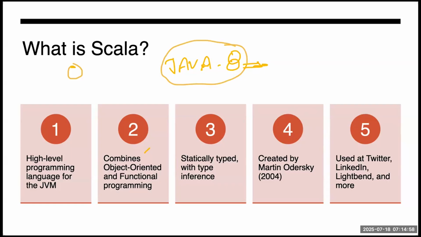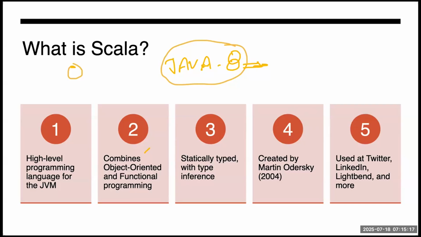When we call it functional programming, we call the function a first class citizen. It means once you write a function, you can assign it to a variable, you can pass it as an argument, and you can return it as a value.